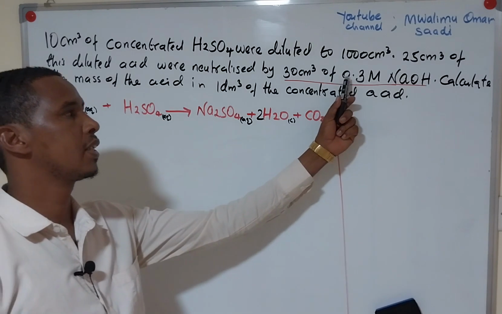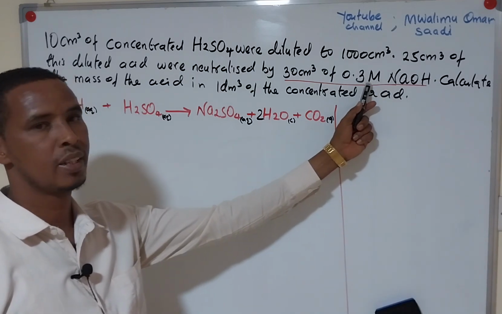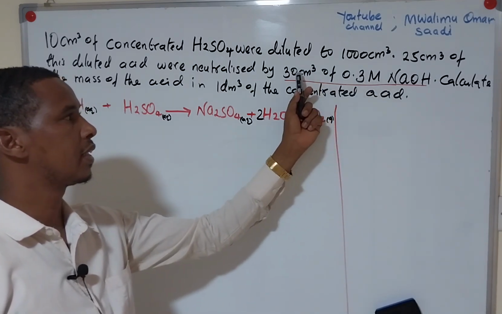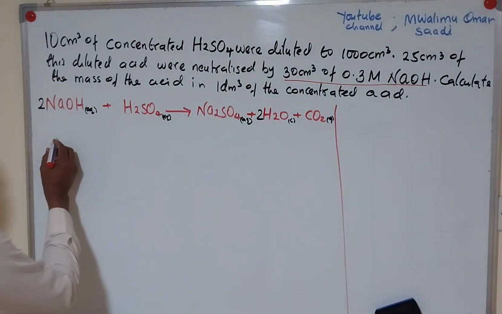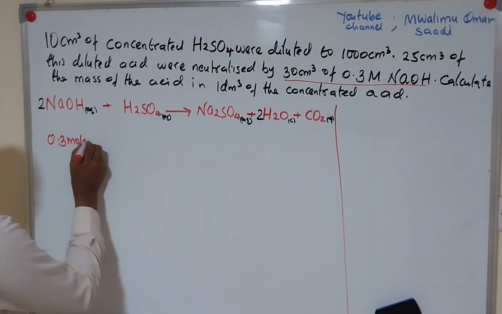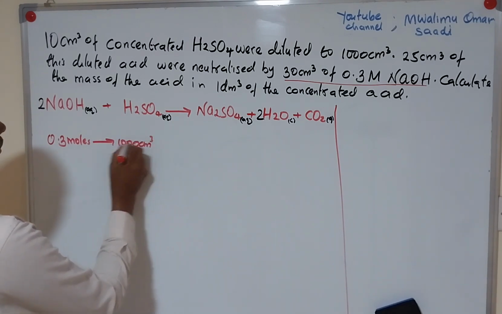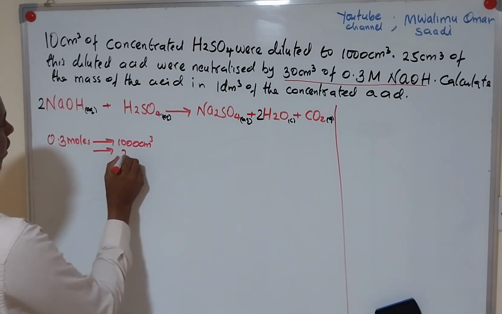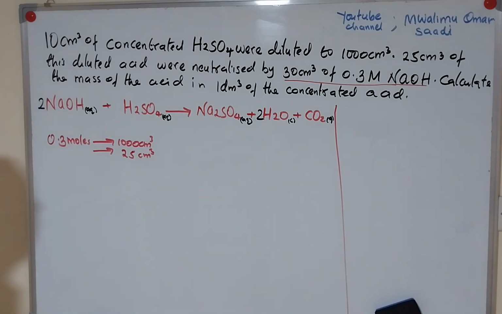This is the molarity, that is 0.3 molar sodium hydroxide. So we have got the molarity of the base, and there we have got the volume used. So that means if 0.3 moles is in 1000, we will get the number of moles in the volume used.